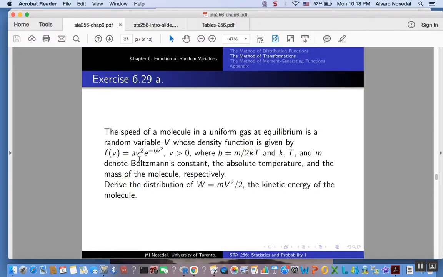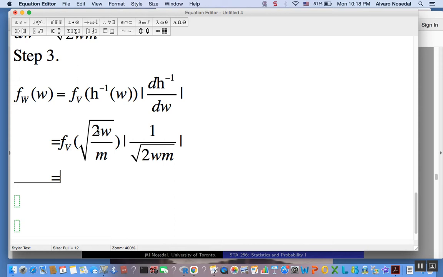Okay, so let's find it. So we said it is a times, if you evaluate at v, a times v squared e to the negative b times v squared. Okay, so what we're going to end up with is a times whatever square, so it's going to be just a times this, right? Makes sense? Times 2 times w divided by m, makes sense?